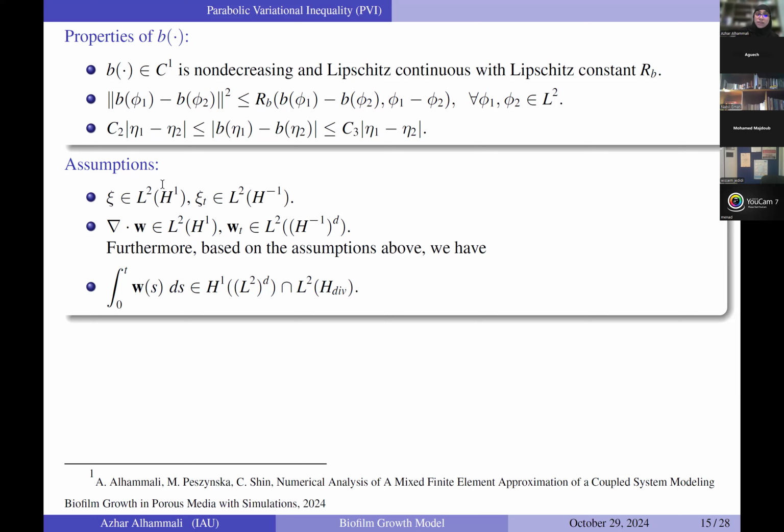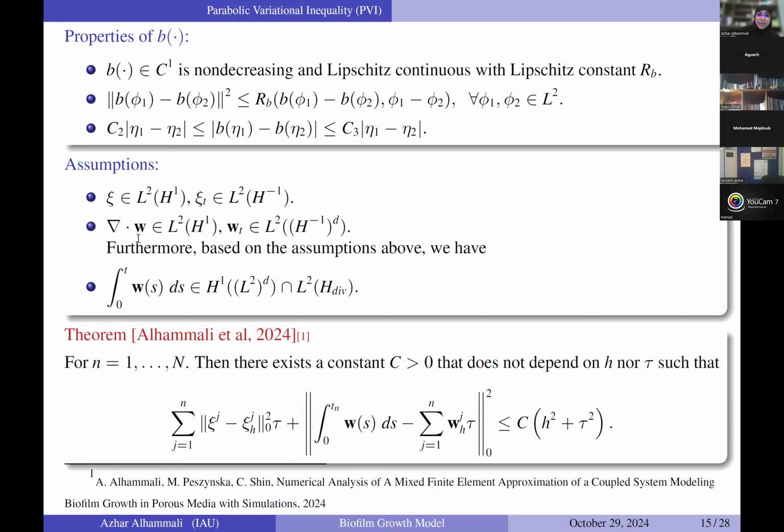And also we set these assumptions on the solutions xi and w, which are analogous to those of the previous variables u and q. And here is our theorem. The error in xi and w converges with first order. So this is first order because we need to take the square root of both sides.